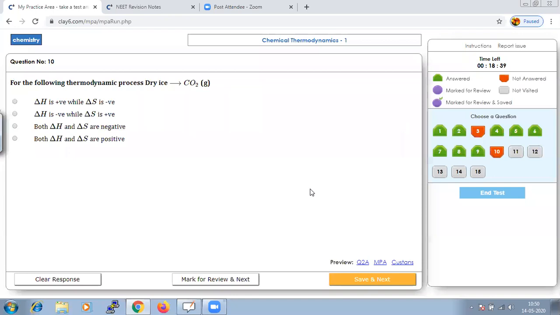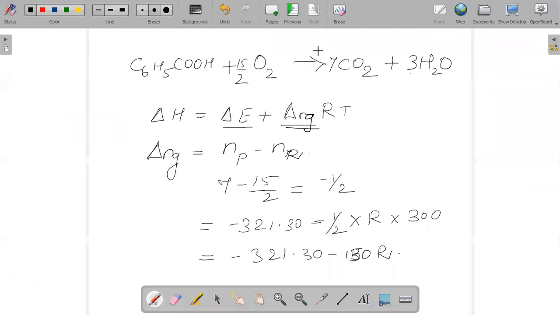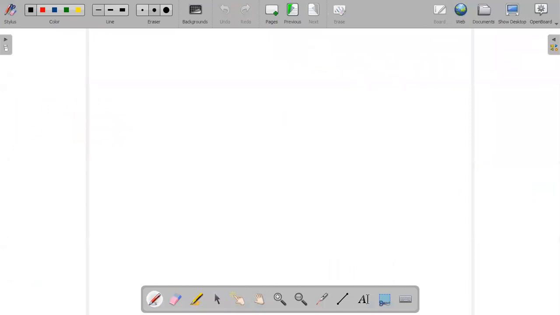For the following thermodynamic process, dry ice to carbon dioxide, what should be the values of delta H and delta S in the given reaction?